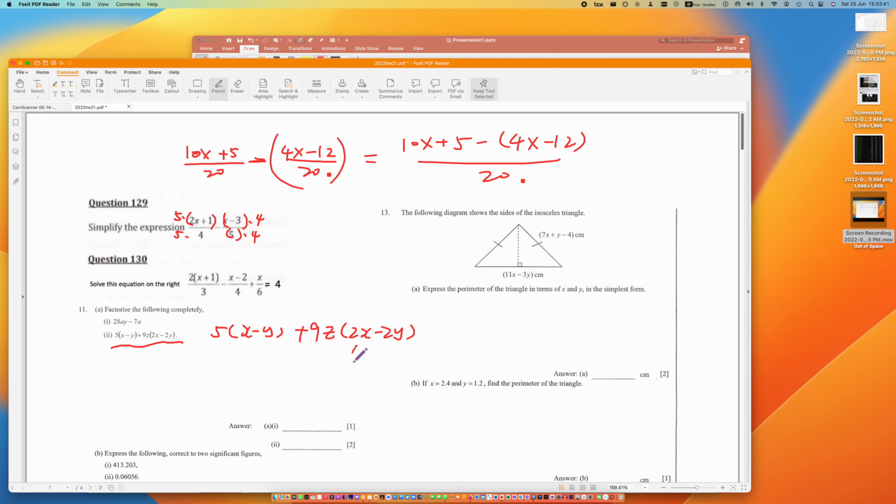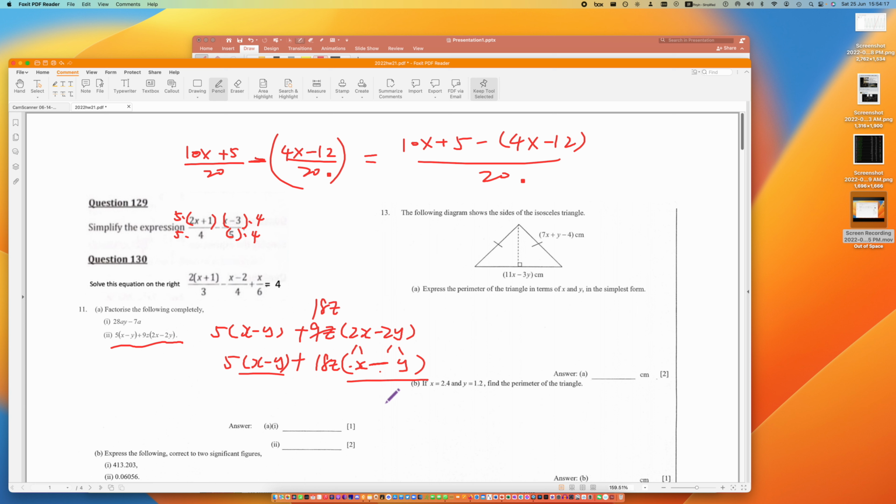So actually you can split this: you split to 2x, you split to 2y, and in between is minus. So you can take out the common 2. Once you take out the 2, 2 times 9z is 18z already, and you end up with x minus y. So 18z plus 5x minus y has 2 in common. Then just take it out, so 5 plus 18z.